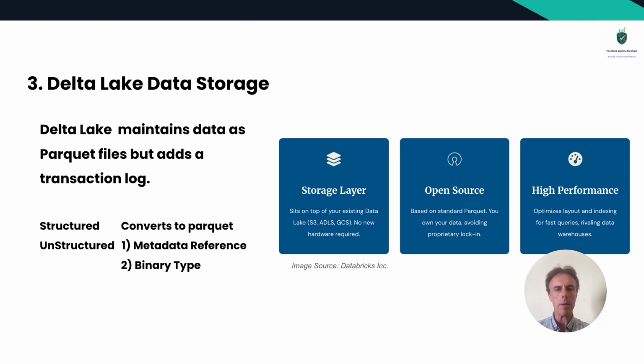There is a secondary binary type option, which can convert the entire image to binary in a Parquet, but this is usually used on very small images, such as icons. Best practice is the metadata plus reference example. But that transaction log is really where the magic is.